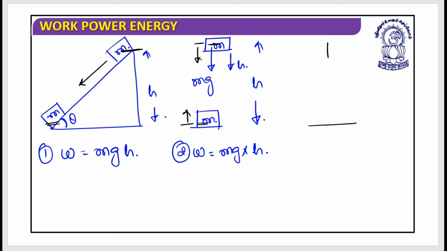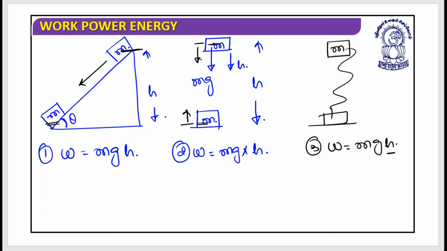Even though a situation was something like this, that let's suppose this m is there and it has traveled through this path and it has reached to here, then even if I calculate the work done, it would be mgh. So this is how conservative forces behave.